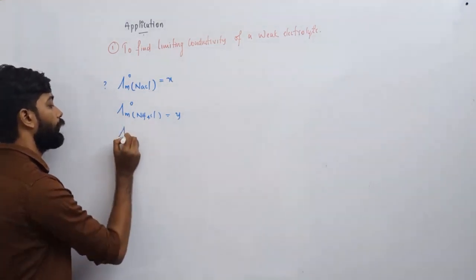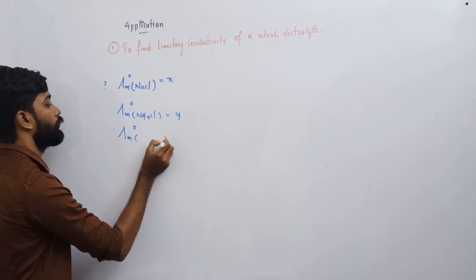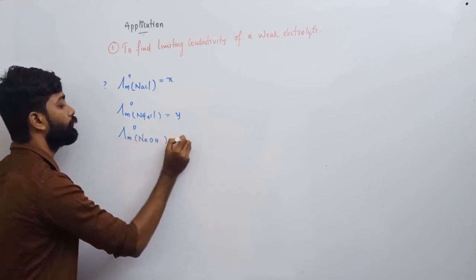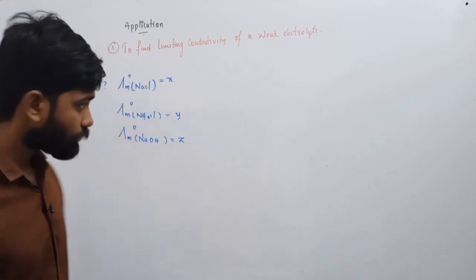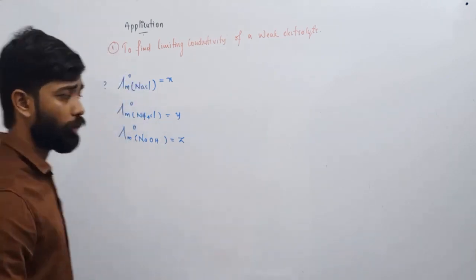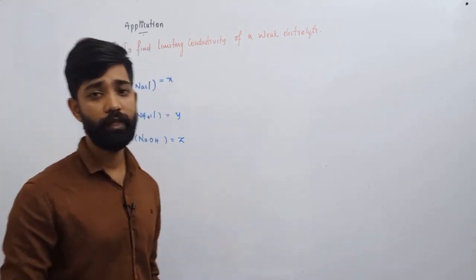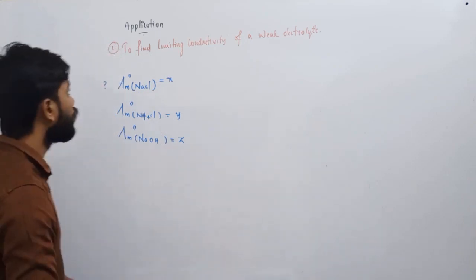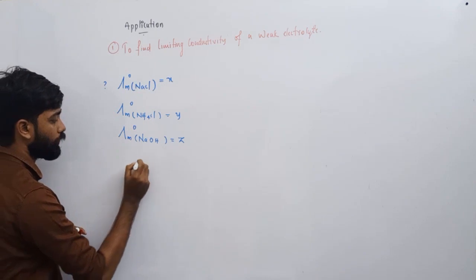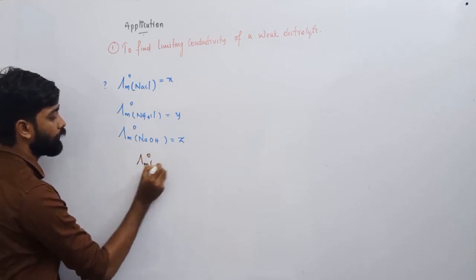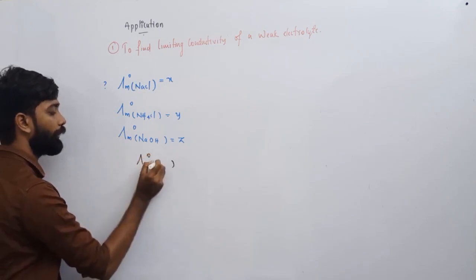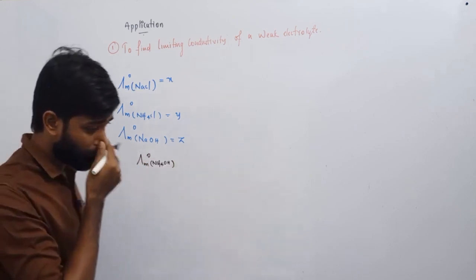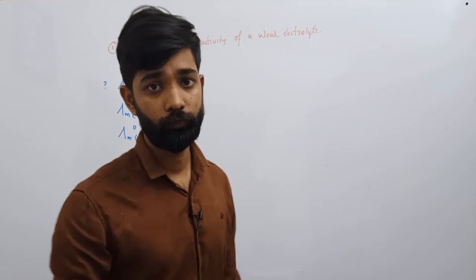And the limiting molar conductivity of sodium hydroxide, NaOH, be Z. And these are strong electrolytes, right? NaCl, NH4Cl, NaOH, like that. Now, you are asked to find the limiting molar conductivity of the weak electrolyte ammonium hydroxide.